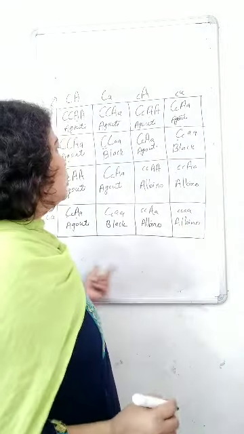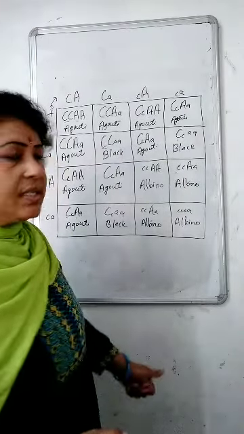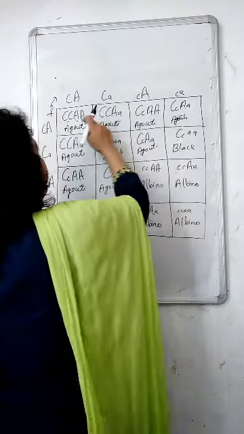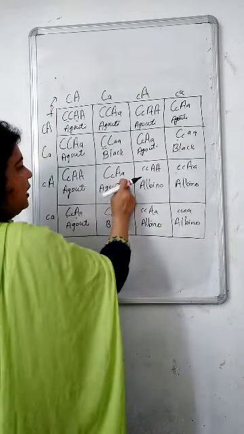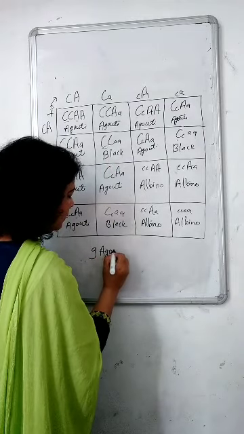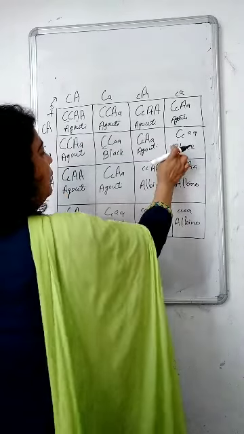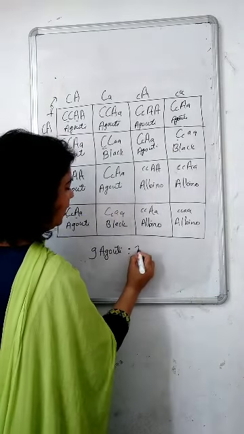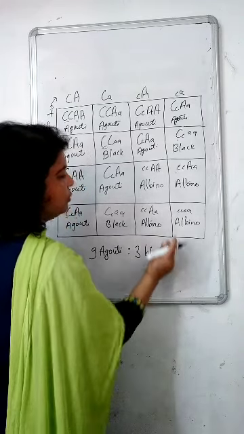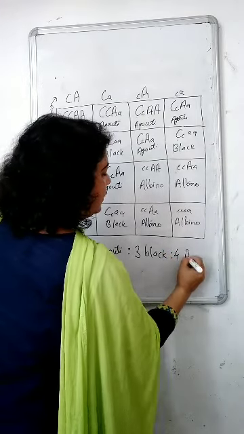Okay. So in such conditions, how many different types of progenies are produced? 1, 2, 3, 4, 5, 6, 7, 8 and 9. So 9 — agouti is 9, black is 3, and albino is 4.